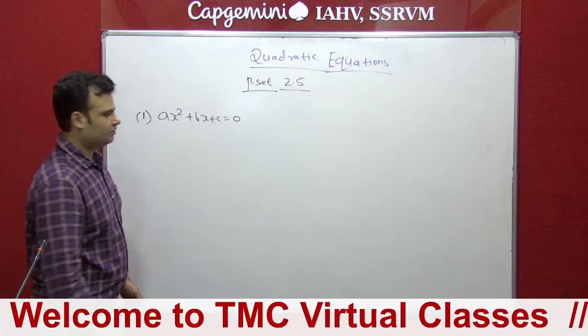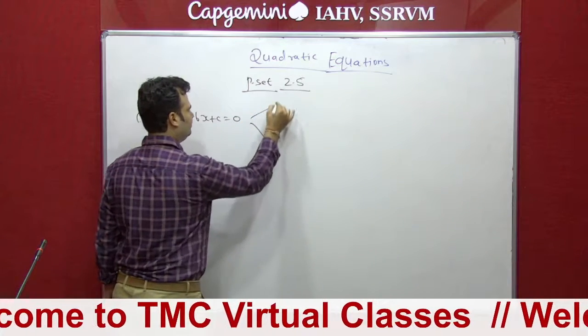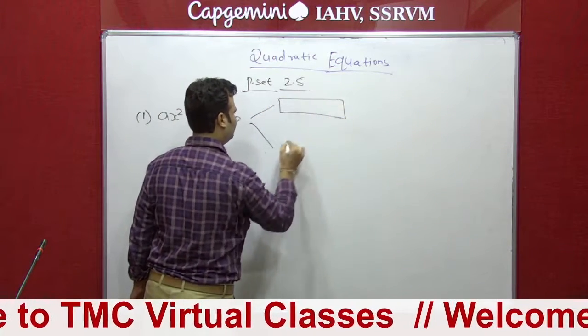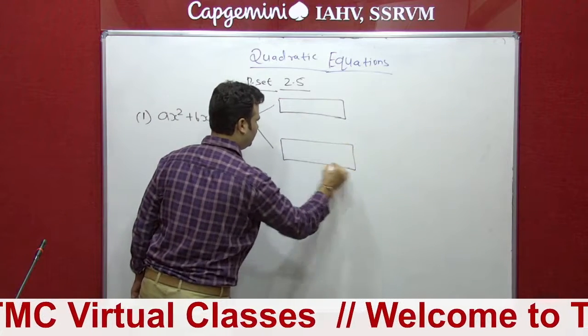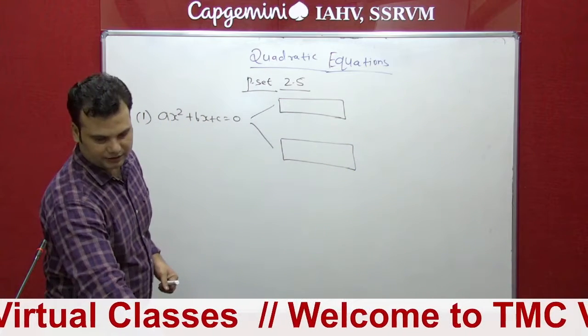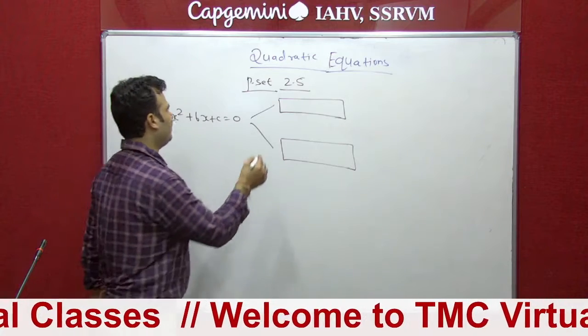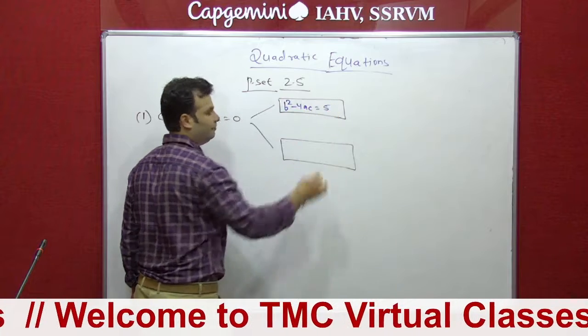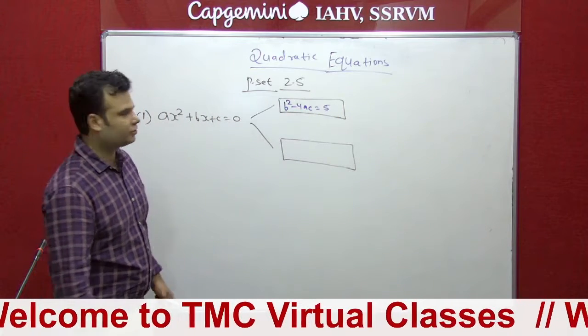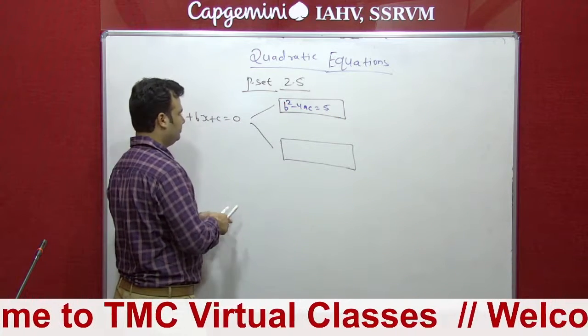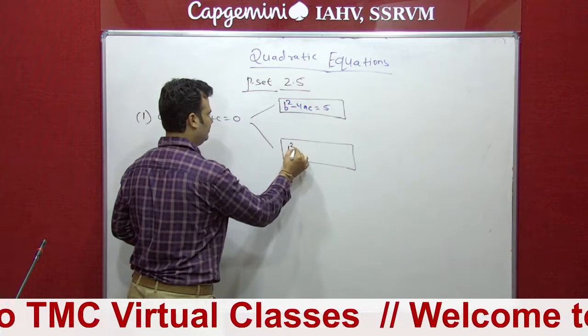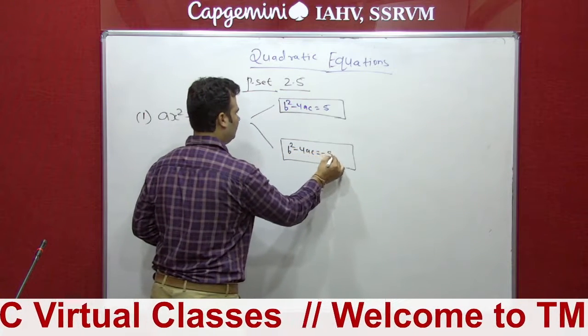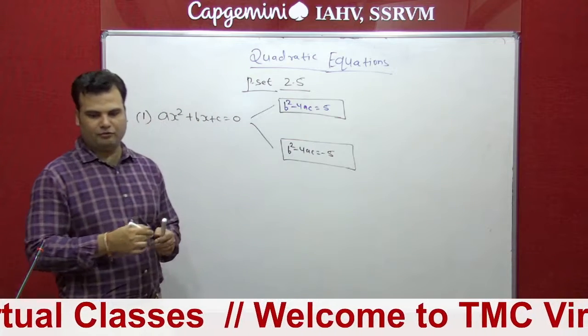And there are two things given: b square minus 4ac equal to 5 and b square minus 4ac equal to minus 5. And we have to find the nature of the roots.